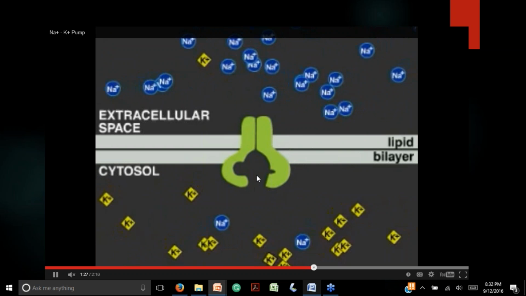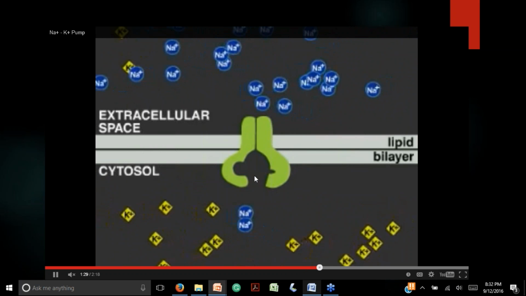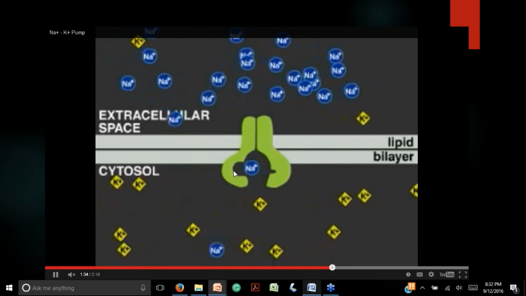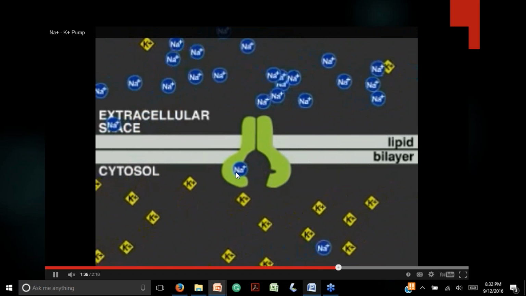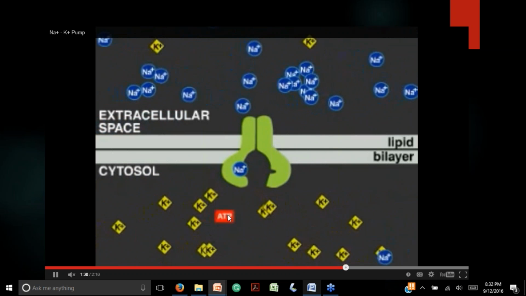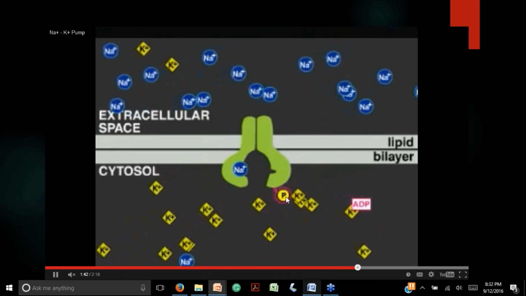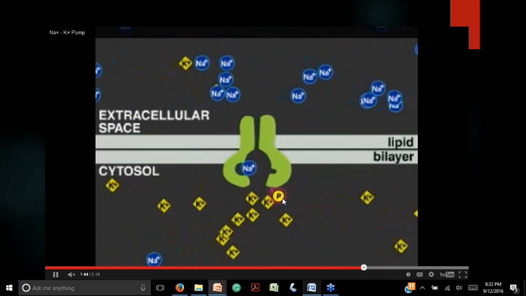Here we have, for example, this is going to consume energy, and this sodium is getting into the binding site. Then the ATP is going to come. The ATP is going to give phosphorus, that is the phosphorylation.